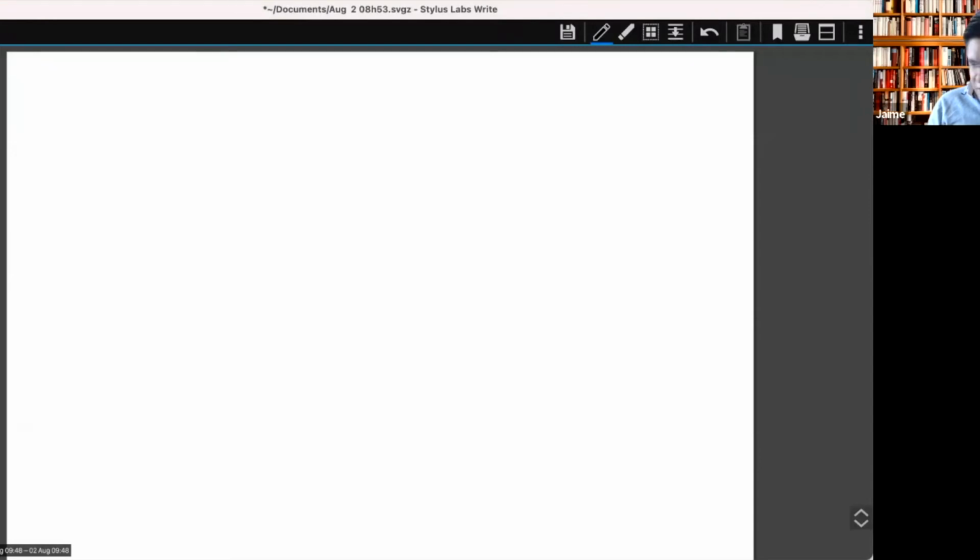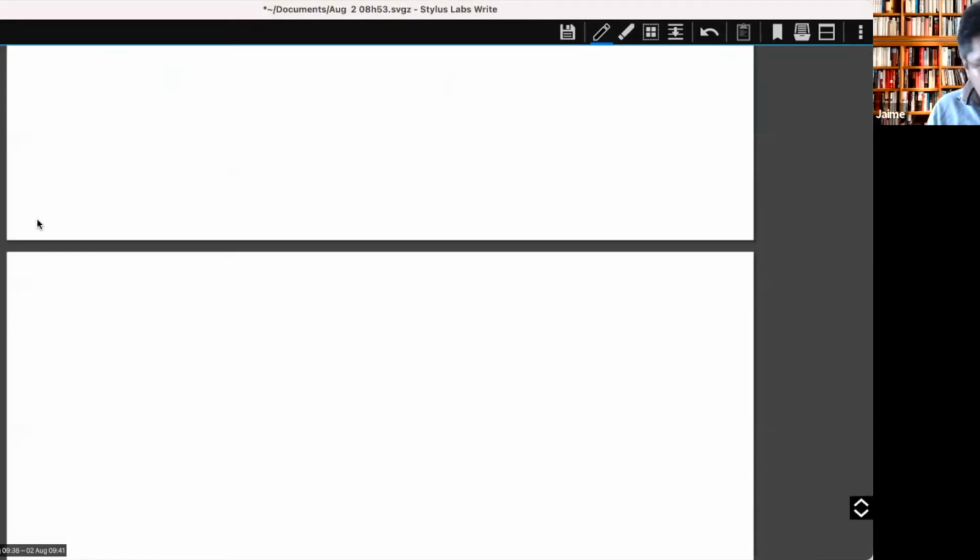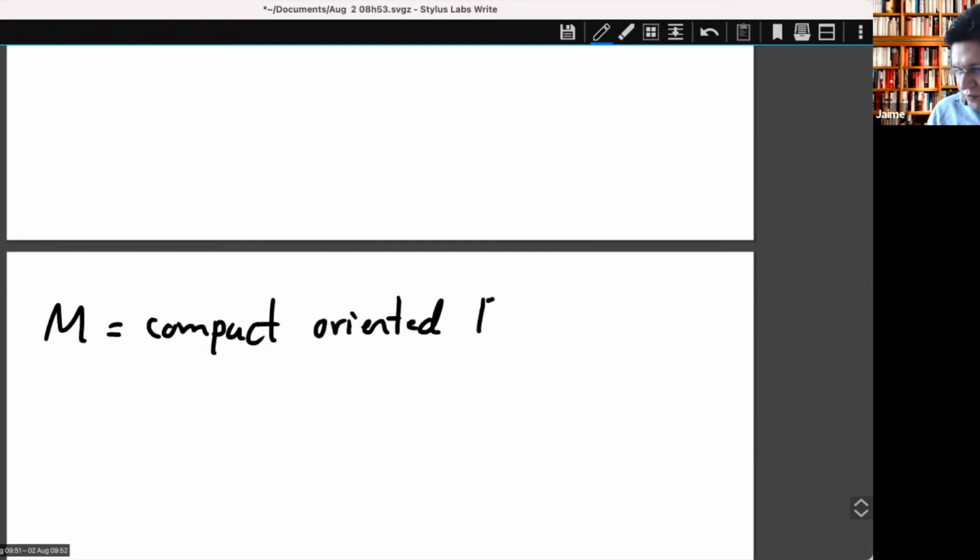Okay, so we have the de Rham cohomology of a smooth manifold. So now I'm going to use more structure on the manifold. Let's take, now we have to ask it to be compact, a compact oriented Riemannian manifold, right?